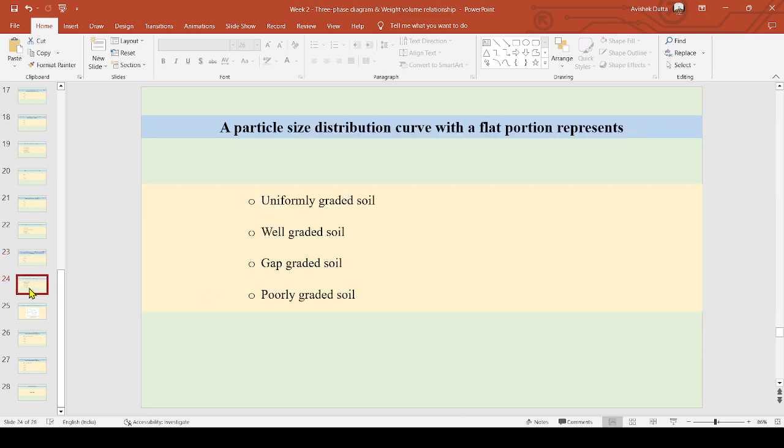Next question. A particle size distribution curve with a flat portion represents. I hope you know what a particle size distribution curve is. In that curve, if you get a graph with a flat portion, then what does that graph represent? Your options are uniformly graded soil, well graded soil, gap graded soil, or poorly graded soil.